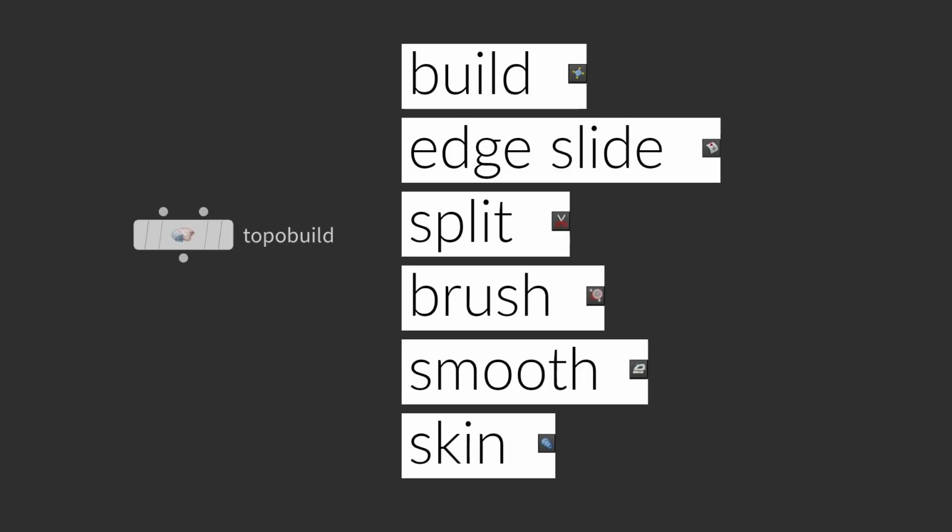But it's a manual tool, and in an earlier presentation, I used that as my general modeling tool, because it has a lot of these modes inside that allows me to do a lot of things, but just have one node in my network editor, in my history.